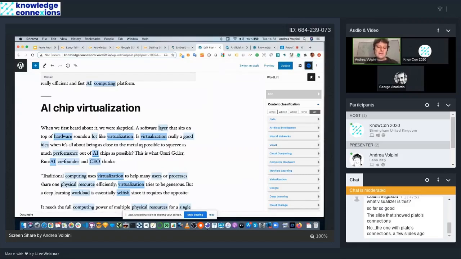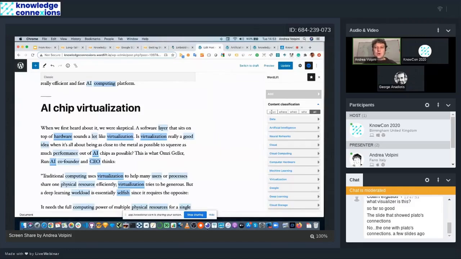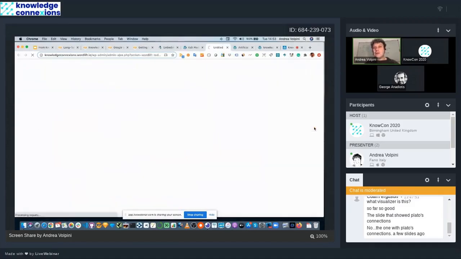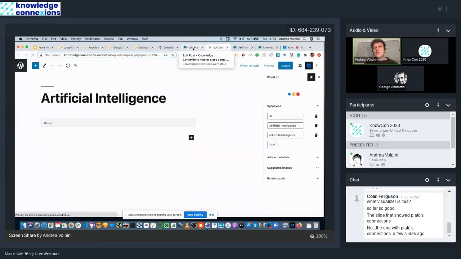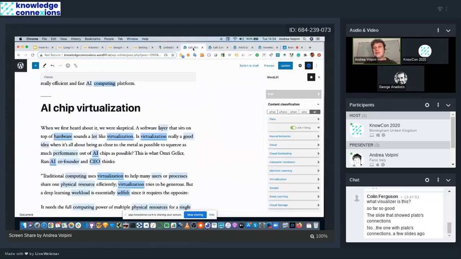It's called WordPress. And here we have the list of entities that are organized into different groups, and for each entity, the editor can edit the content that is represented for that concept, and can also place a link to these concept pages, imagine it as a glossary of terms.